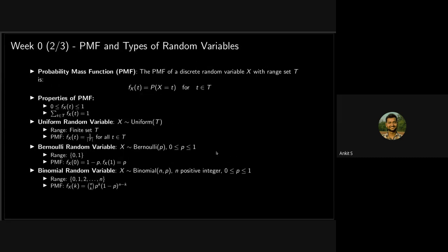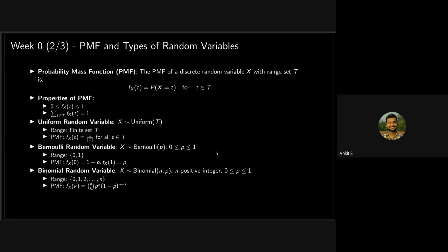There we came to know about PMF, PDF. Then we learned about properties of PMF, then different kinds of random variables. These are very basic things: uniform random variables, what the PMF is for them, and Bernoulli, binomial. These are very basic things that we learned in week zero.